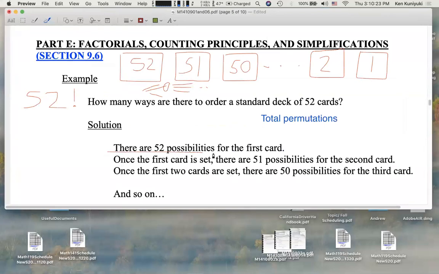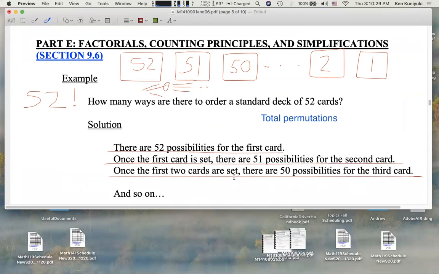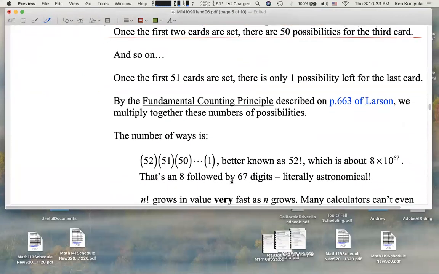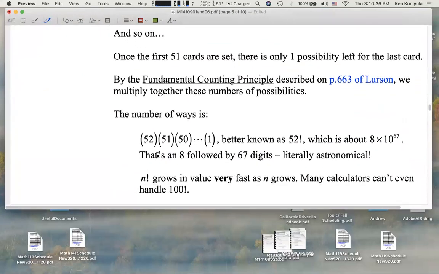Again, 52 possibilities for the first card, then 51 for the second card, then 50 for the third card, and so forth. So the number of ways that you can order the deck is 52 factorial, which, if you work it out, is about 8 times 10 to the 67th. That's an 8 followed by 67 digits, which is literally astronomical.